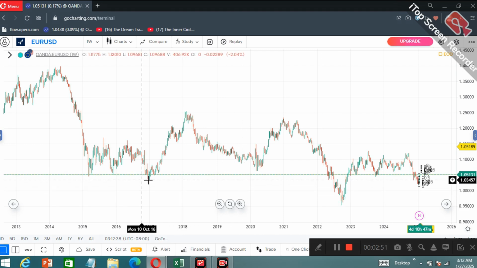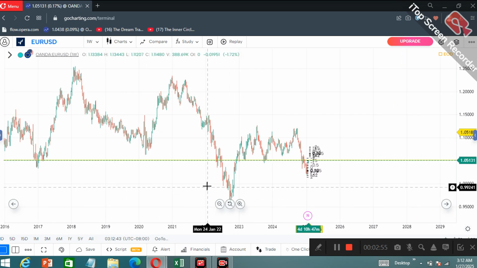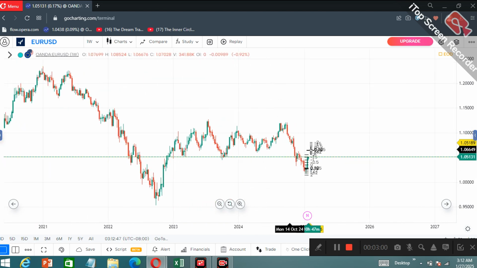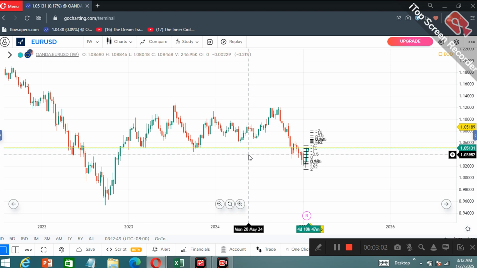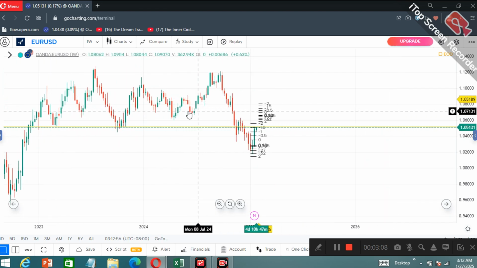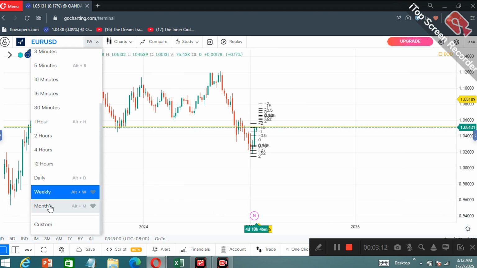This is the low, and they break that low. Because of that, this is a downtrend. It goes a little bit to the upside, again it will come back into the downside.